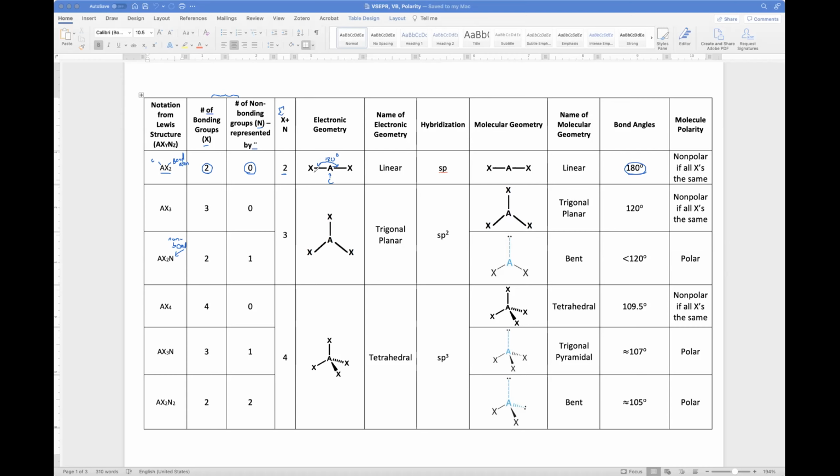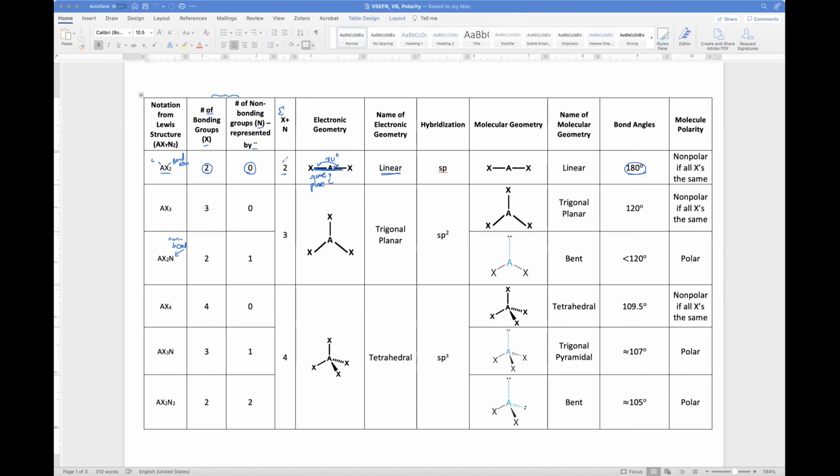The bonds, because they are just straight lines, means that they are in the same plane and they form a line. So that is why the name is linear.